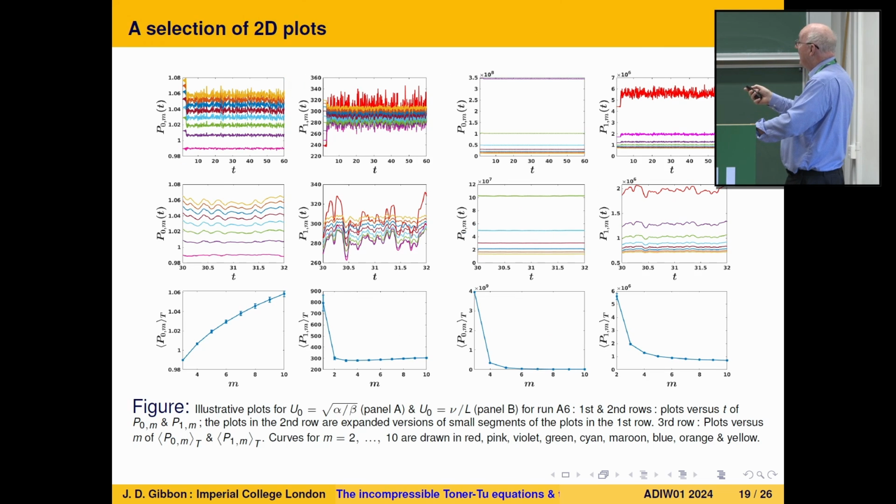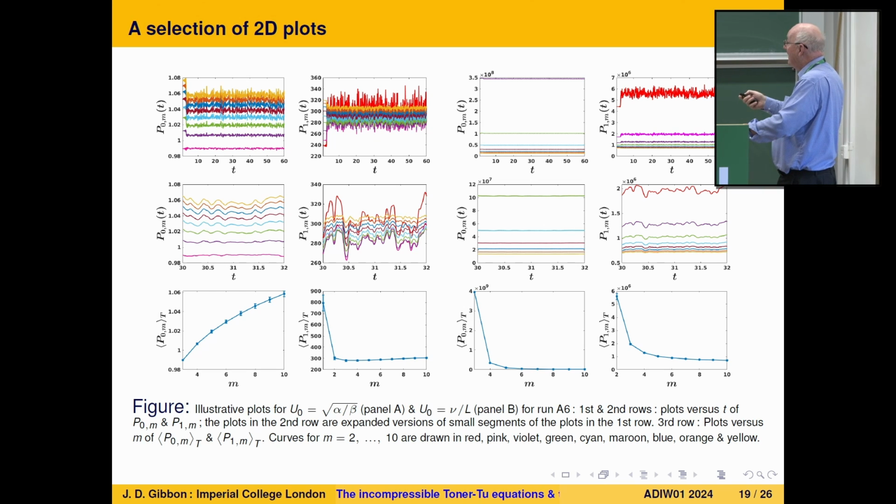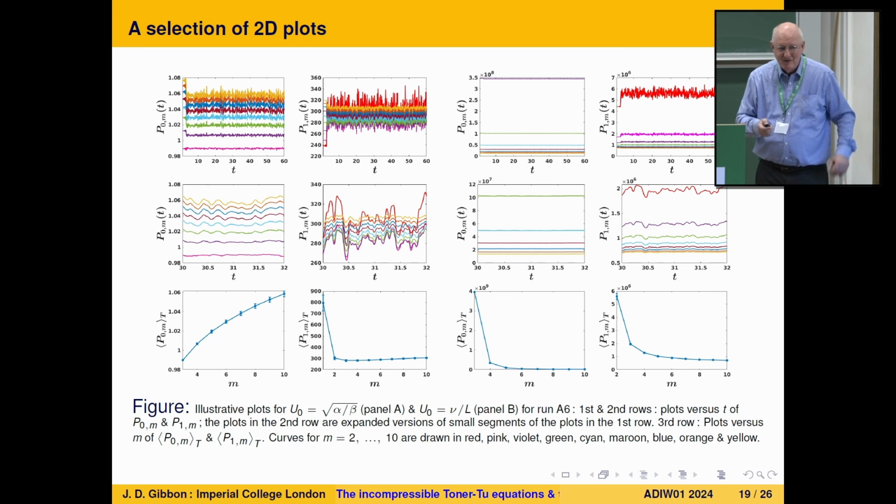Okay. And Kiran and Padhan and Rahul then did a selection of plots. Now this half is u naught is root alpha over beta. That's panel A. And that half there is u naught nu over L. And you can see that there's fundamentally different dynamics, as you would expect, if Reynolds nu is just 1, as opposed to very big.